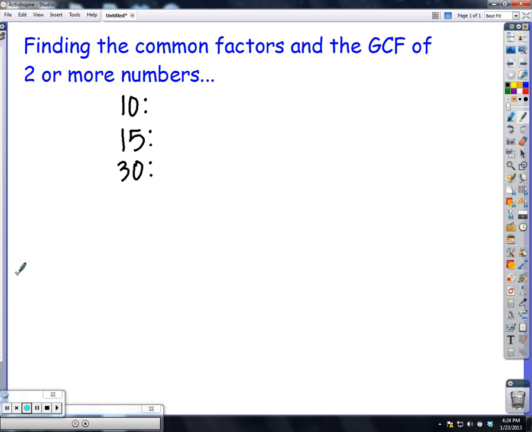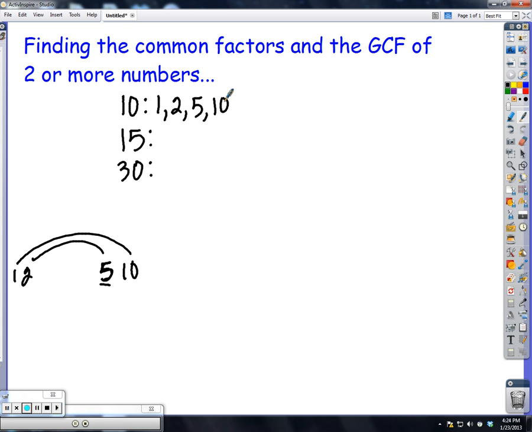So I'm going to start with 10. 1 times 10 is 10. 2 times 5 is 10. 3 times nothing is 10. 4 times nothing is 10. 5 times 2 is 10. So I've repeated factors. I have found all of them. 1, 2, 5, and 10 are all of the factors of 10.